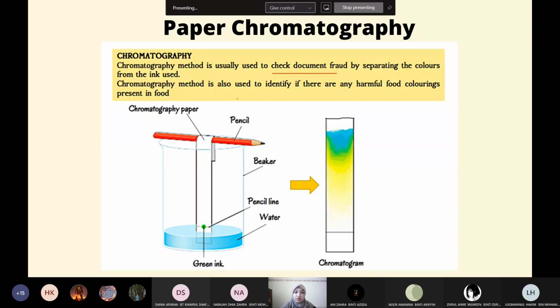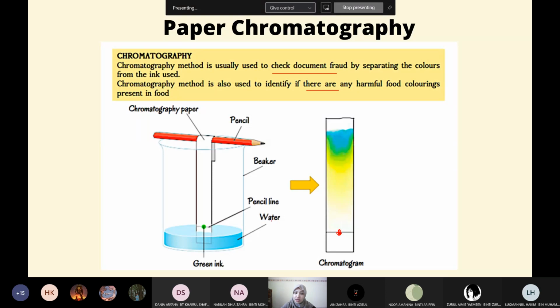And then the chromatography method is also used to identify if there are any harmful food coloring present in food. So this is the same as before too. So basically we have filter paper. We can use filter paper as our chromatogram. Okay, and we spot the food coloring here. We spot, meaning we place it here, and then we dip the chromatogram into the solvent.